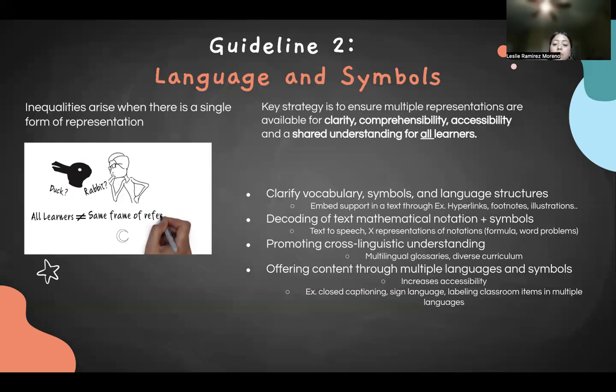And lastly, offering content through multiple languages and symbols increases accessibility. One way that we can do that is through closed captioning and sign language. So for our students who have disabilities, we're able to provide them with a more inclusive curriculum, as well as our multilingual learners, we can label classroom items in multiple languages.